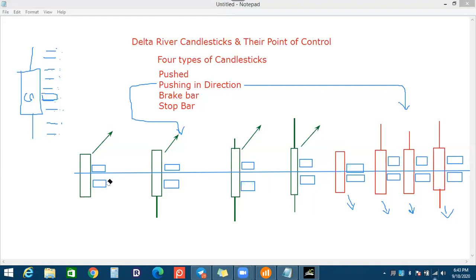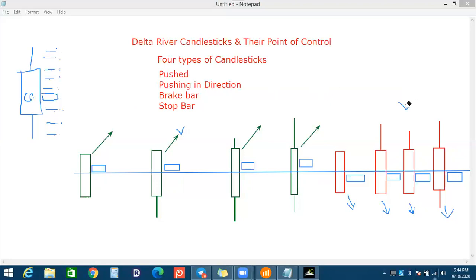Now I'm going to remove these ones. So what will this bar be called? Break bar. And the break bar signal is 50-50. Why? After a breakout, it retests the level.